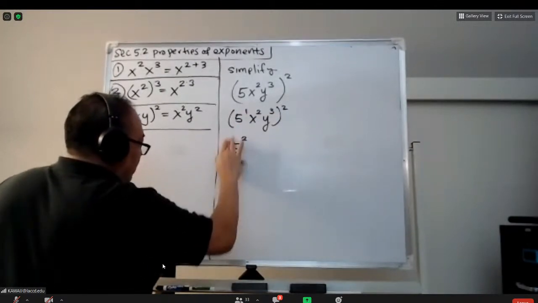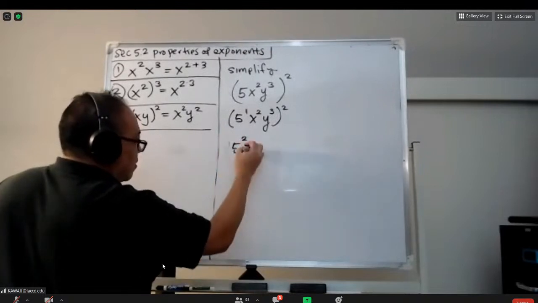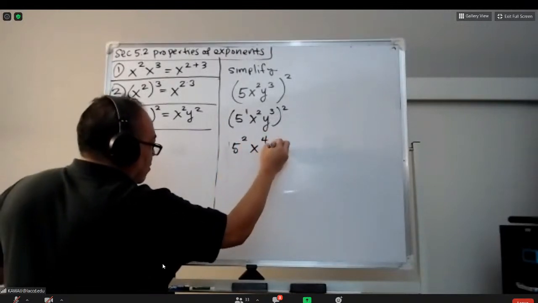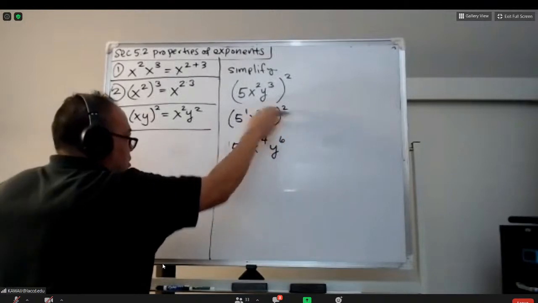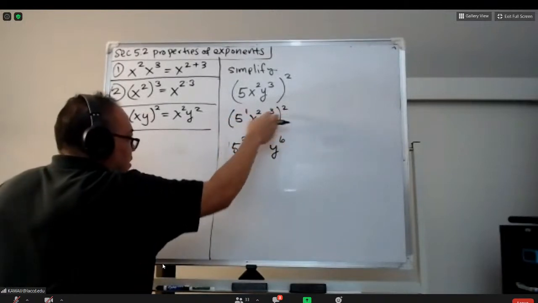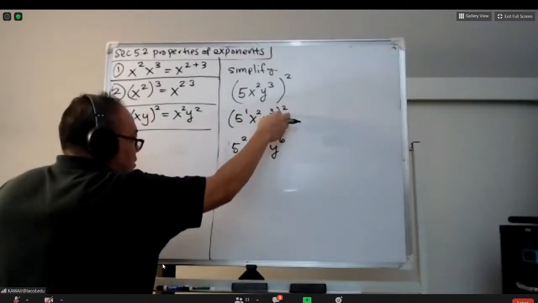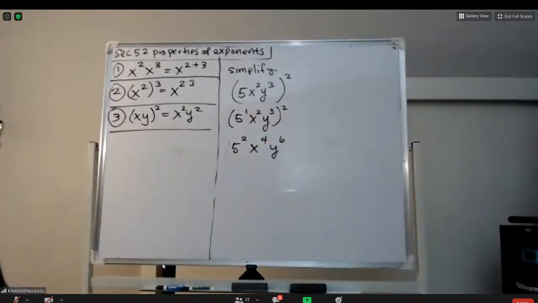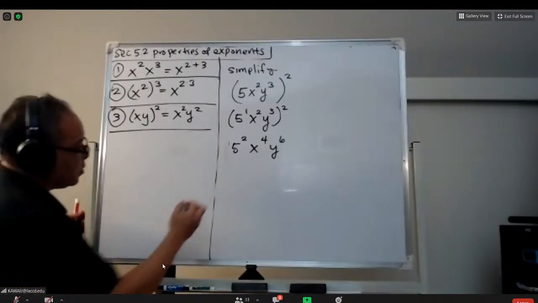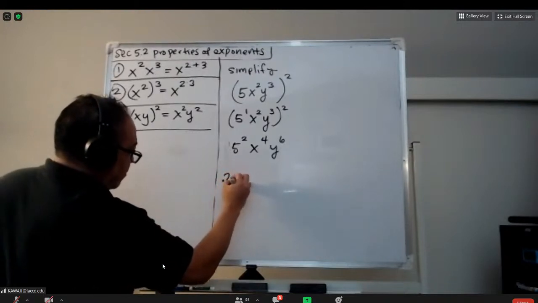Well, I don't even need that anyway. Right? 2 times 1 is 2. 2 times 2 is 4. 2 times 3 is 6. Okay. And then all you would do is just 25.